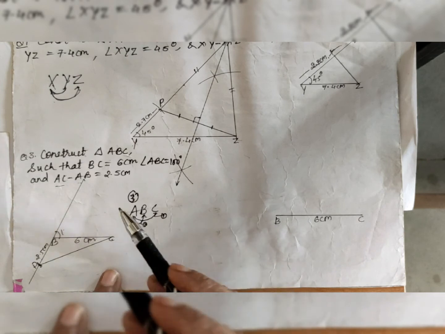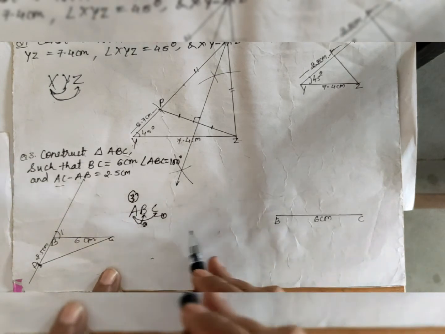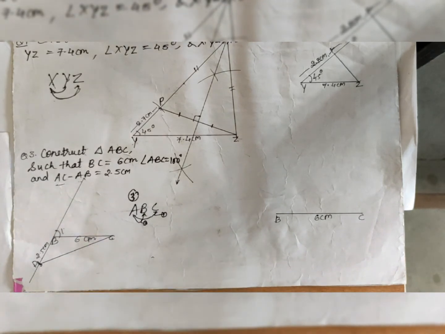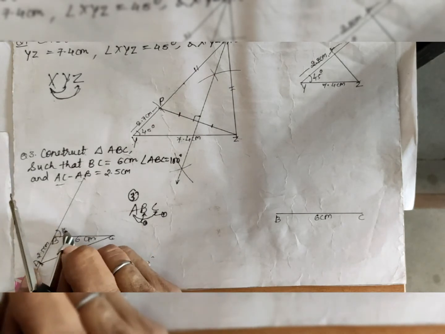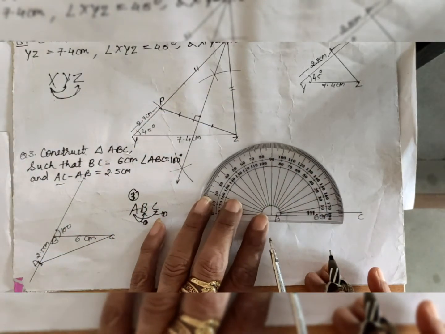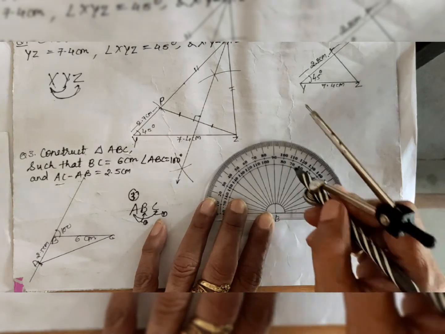Remember children. Okay, so here first you will take BC as the base, and the second step is the same. What is the second step? You have to draw an angle. What is the measure of the angle given here? Here the measure of the angle is given as 100. Okay, so see here, this is the measure of the angle 100.